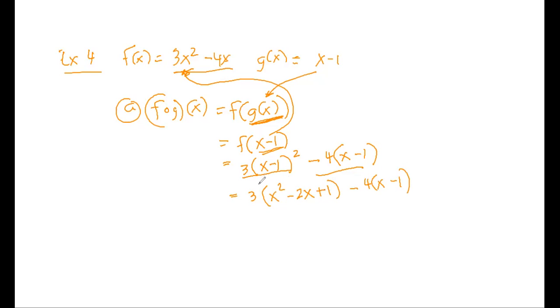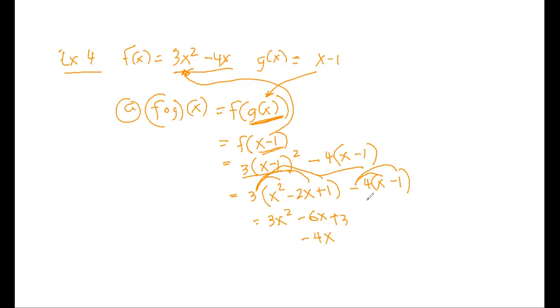We apply the distributive property. That becomes 3x squared. Next, minus 6x. 3 times 1 is 3. Next, negative 4 times x is negative 4x. We just align them immediately.